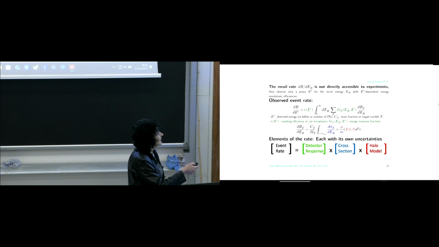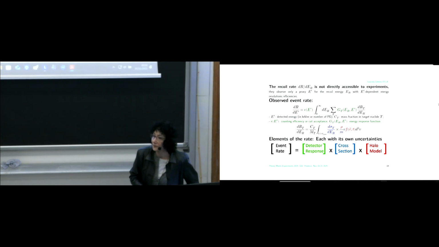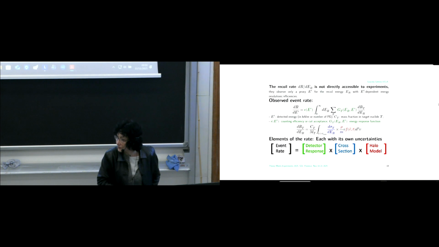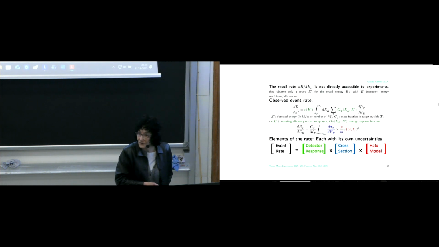And here there is an efficiency cut, also called cut acceptance, below which you usually have too large a background in order to measure accurately. And so you cut your data.